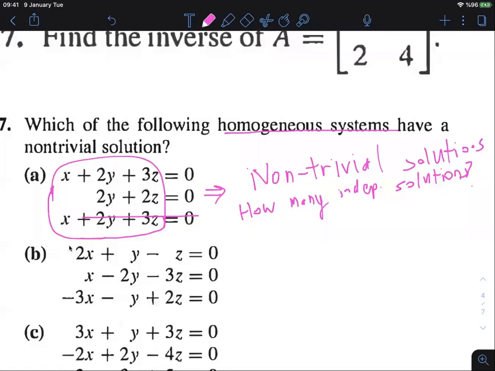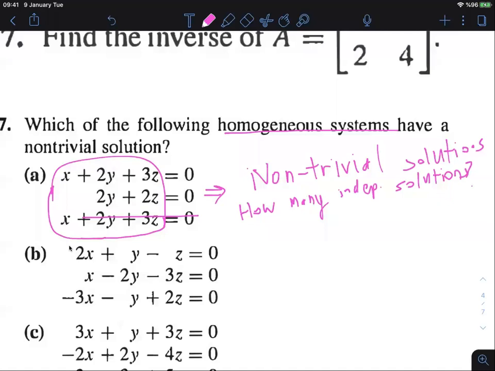Basically, what I'm asking is to find the basis, the dimension of the solution space of this system. There are not infinitely many independent solutions. For this one, there can be at most 3 independent solutions, 1 or 2.